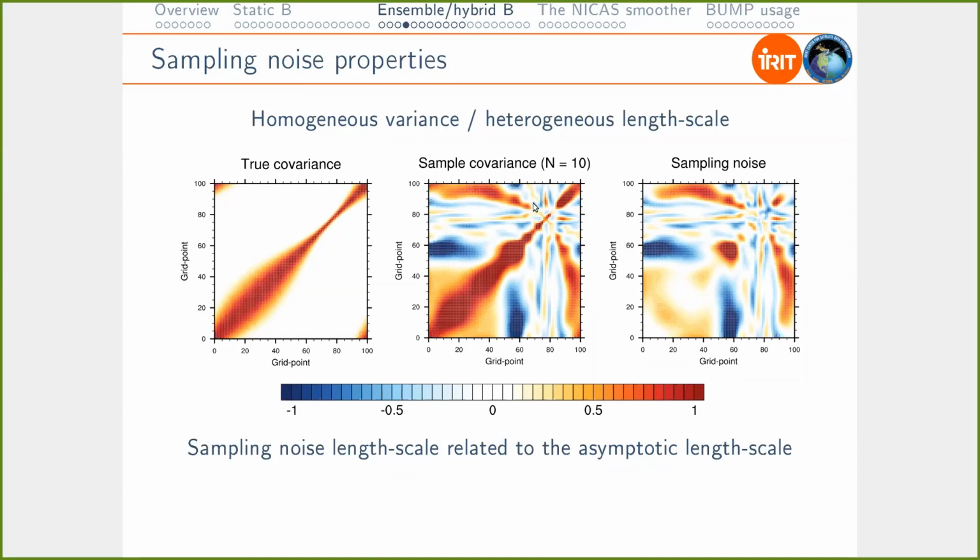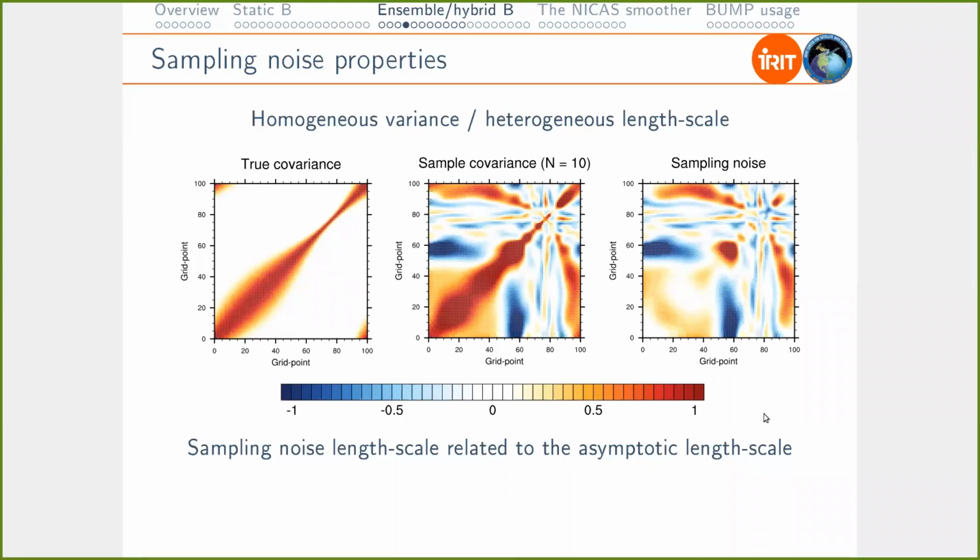We can see that the sample covariance has the same kind of structure, and that the sampling noise also exhibits the same kind of structure, with wide and smooth structures at the bottom left and small scale structures at the top right. So the sampling noise length scale is also related to the asymptotic length scale.